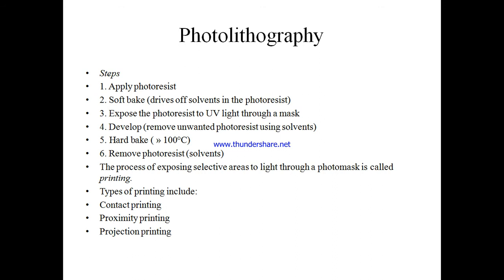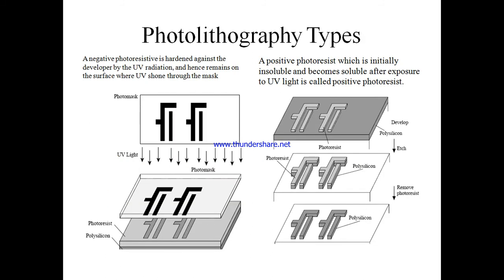The process of exposing selective areas to light through a photo mask is called printing. The types of printing include contact printing, proximity printing, and projection printing. In the photolithography process, we generally use two types of photoresist.